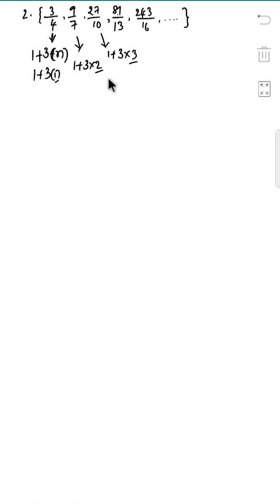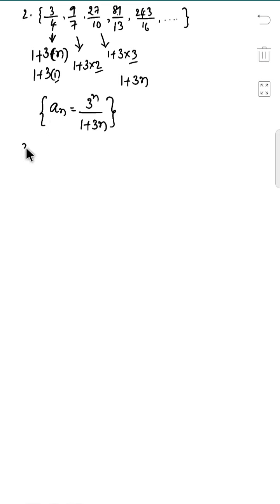So the general term for the denominator is 1 plus 3n, and the numerator is 3 to the power of n. So the general term an is 3 to the power of n divided by 1 plus 3n. We can give the sequence like this.